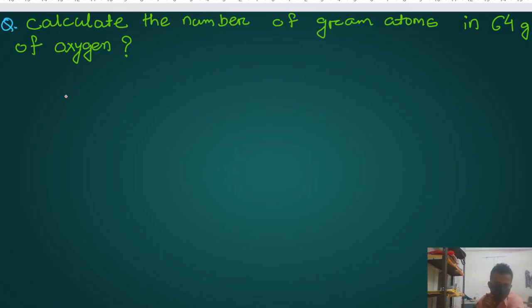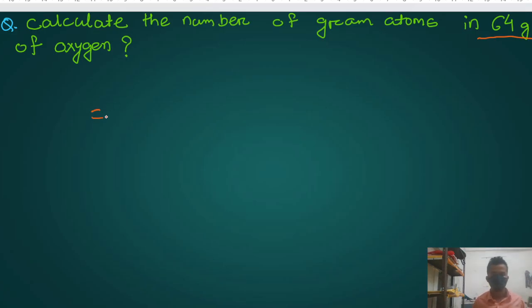Here, for calculating the number of gram atoms, first of all we should keep this formula in mind: two things are needed, that is the mass of oxygen and the mass of one oxygen atom.